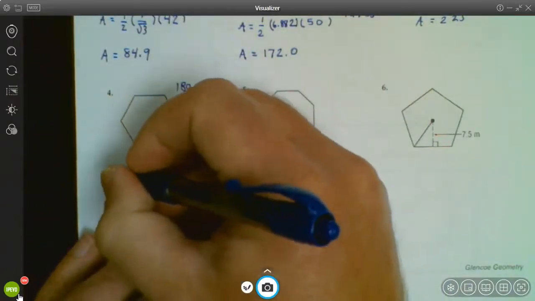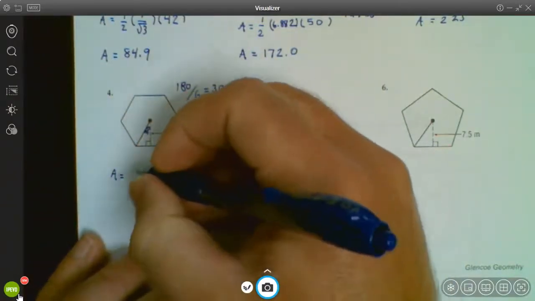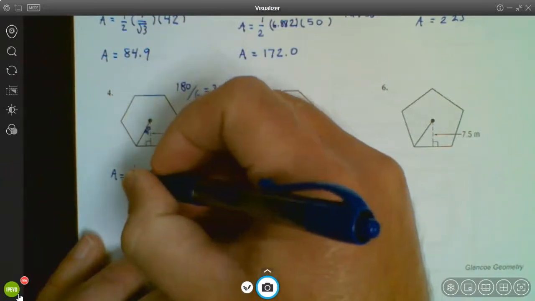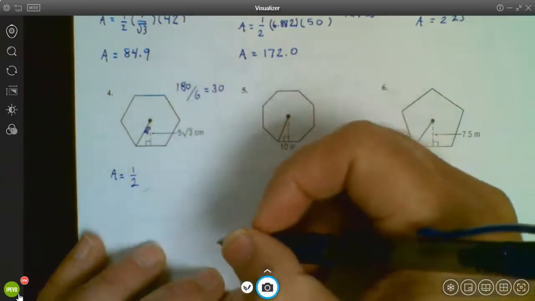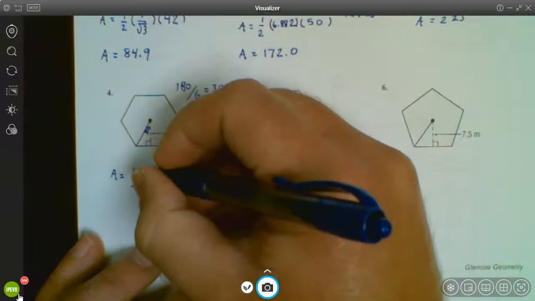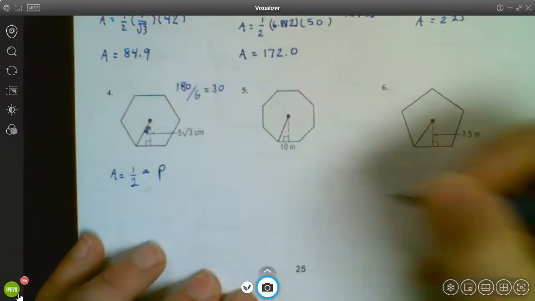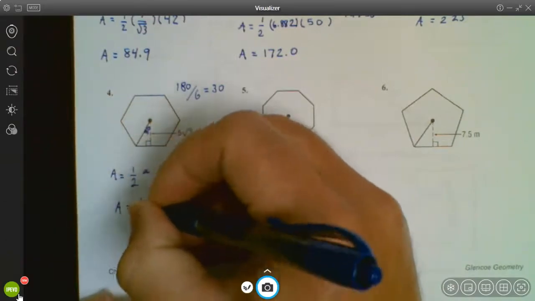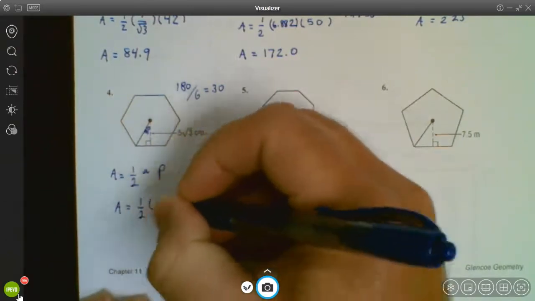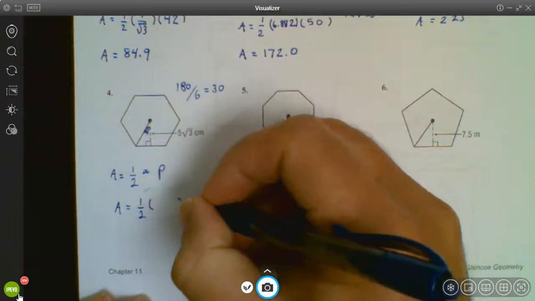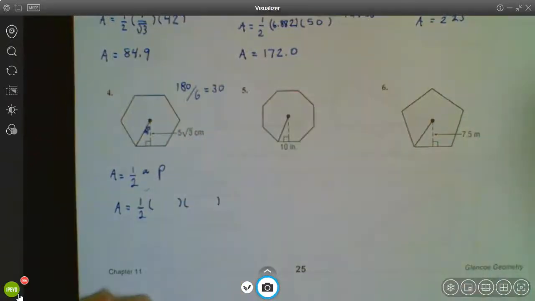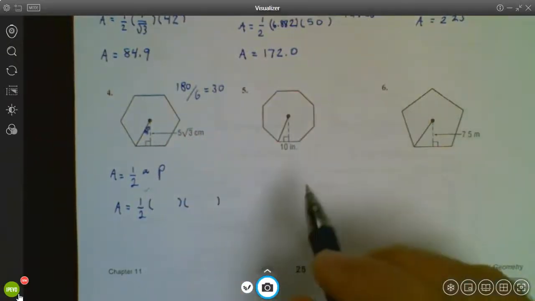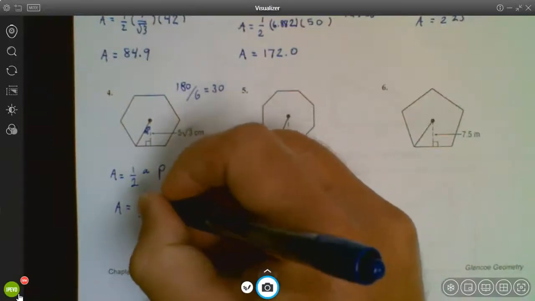And so again, you really have an option. If you want to work with radicals, go for it. If you want to work with sine, cosine, and tangent, go for it. Right? You got options on this one. Now as I look at number 4, they're starting us off with something a little different. Instead of telling us a side length, they're telling us the apothem. So we already know the apothem for this one right off the bat.